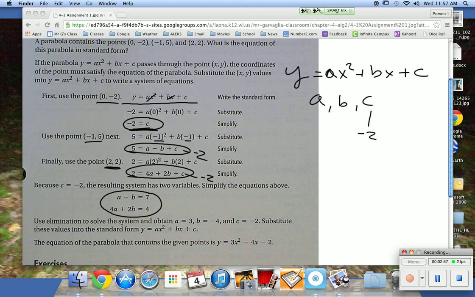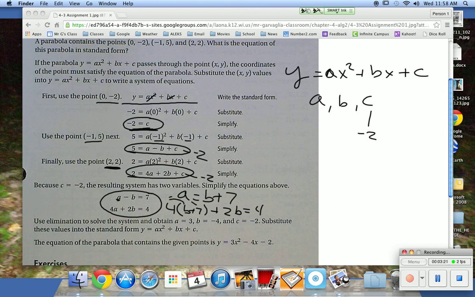Let's say we did it through substitution, and I'm going to substitute for the a. So I'm going to make a equal to b plus 7. You see what I did there? I moved it over, right? And I'm going to plug that into this one. So 4 times (b plus 7) plus 2b equals 4. And I'm going to solve it out.